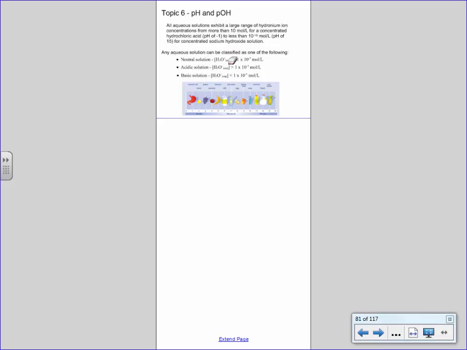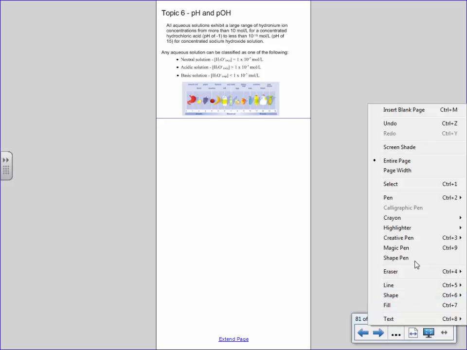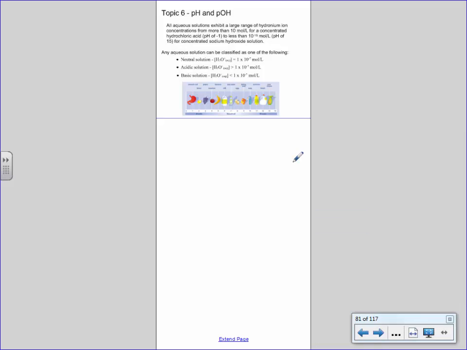Okay. Apparently, I can't fix the slide. Can you guys see how it was supposed to be equals, greater than, or less than? If we were to flip this and talk about bases, I'm sorry that it's so small. But if we were to talk about bases, a pOH is related to your hydroxide concentration.